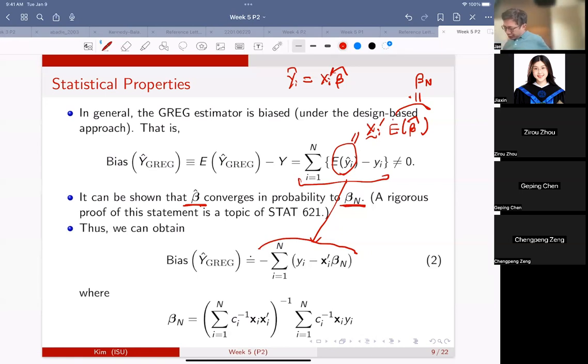We are interested in under what conditions this will be equal to 0, because we already established asymptotic equivalence here. What we want is for this to be equal to 0. Then we get the bias approximately equal to 0.